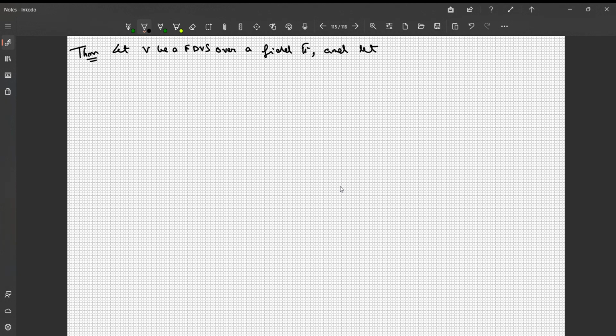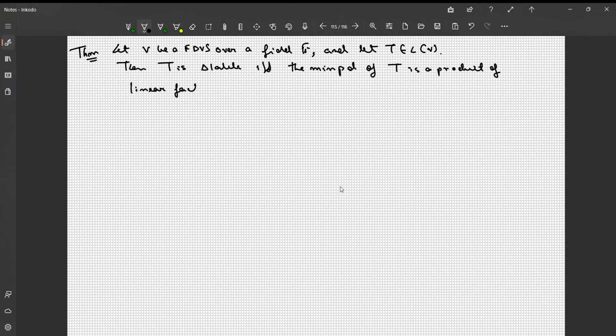Let V be a finite dimensional vector space over a field F and let T be a linear operator on V. Then T is triangulable if and only if the minimal polynomial of T is a product of linear polynomials over F. Okay. So let's prove this.